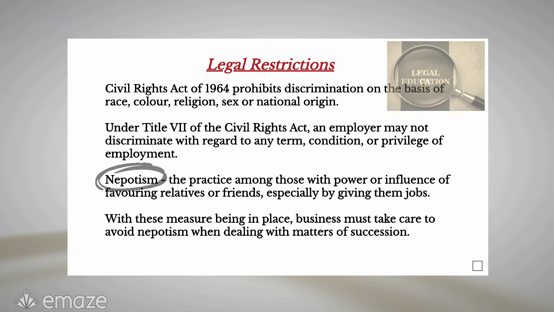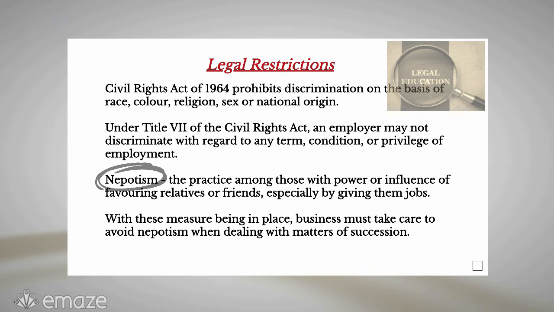It goes without saying that these regulations carry over into areas such as recruiting, hiring, promoting, and so on. So basically, the entire act is centered around equality in the workplace, which brings me to nepotism.